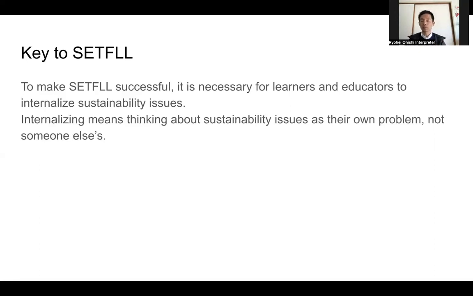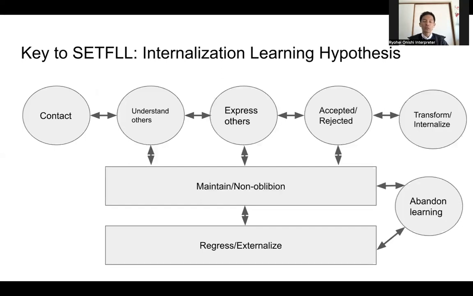That's my assumption. Okay, so this is the last slide. This is the key element of my SET4 model. It's called the internalization learning hypothesis, or ILH for short. So this is my hypothesis, my thinking. What happens when a learner learns something new? Of course, they make contact with the new learning content.